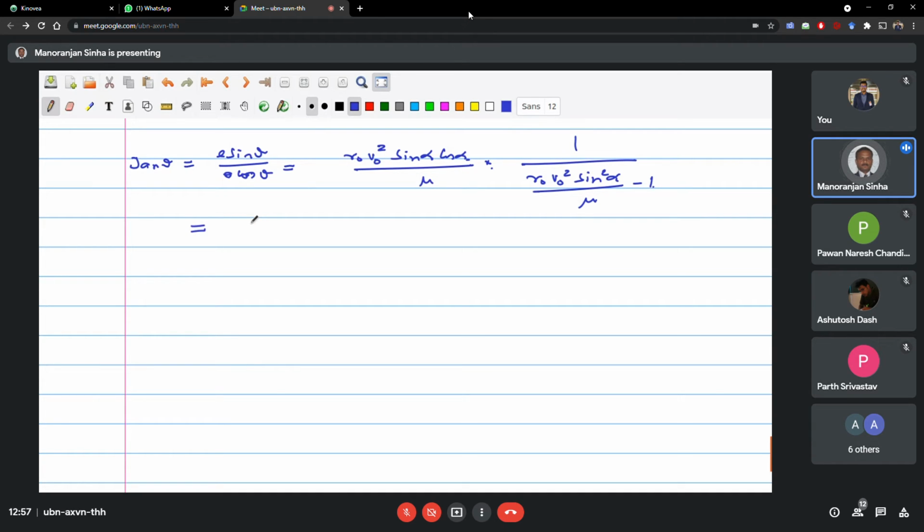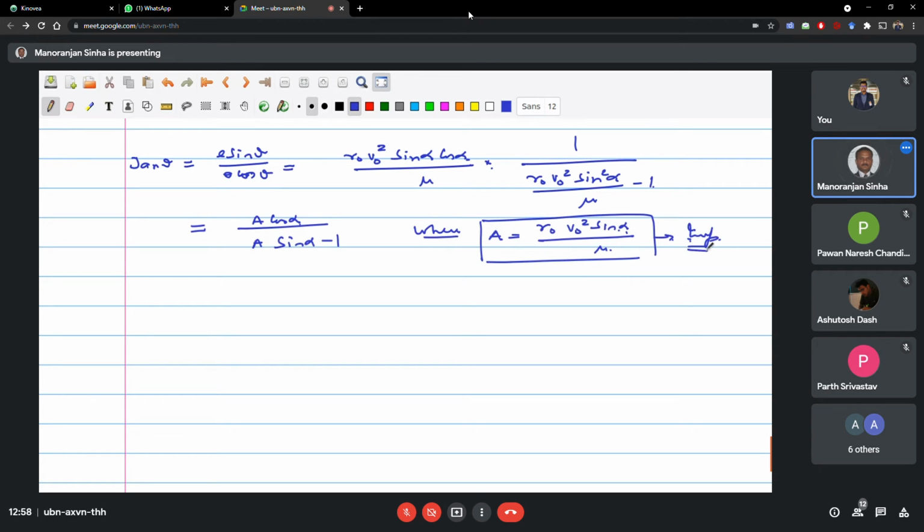And for notational simplicity, this can be written as A cos alpha divided by A sin alpha minus 1, where A equals R0 V0 square sin alpha divided by mu. And this expression is also very important. This is an important equation. In various places this is required.